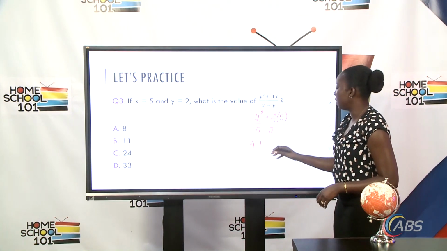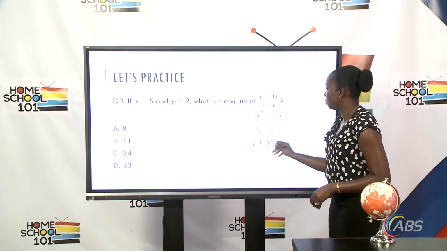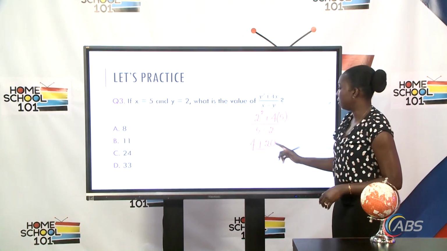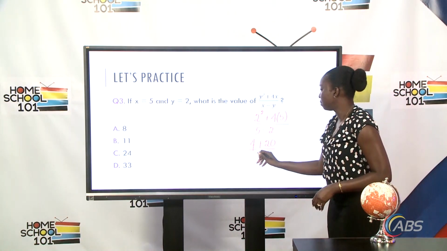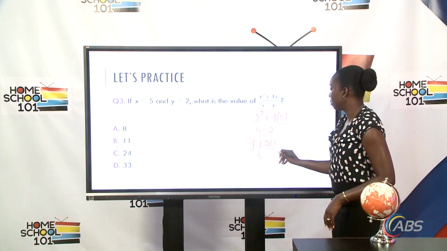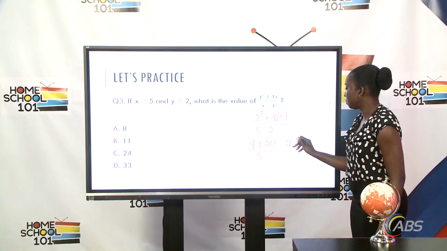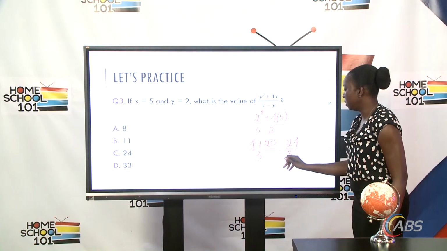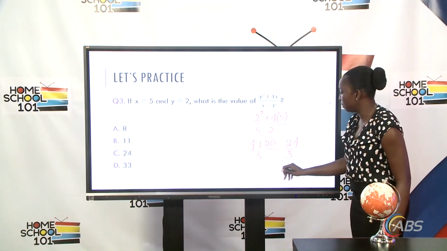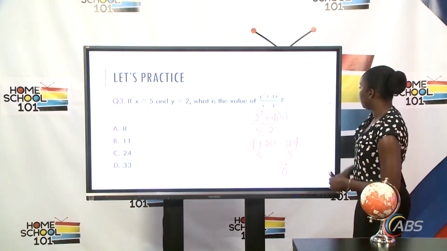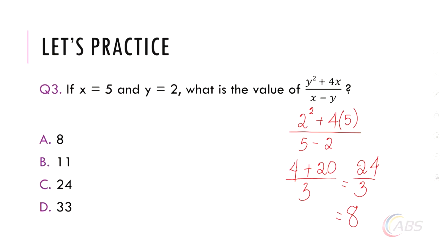Plus 4 times 5 over 5 minus 2. 4 plus 20 over 3. How many times is 3 going into 24? And so we see our answer there. A. Okay.